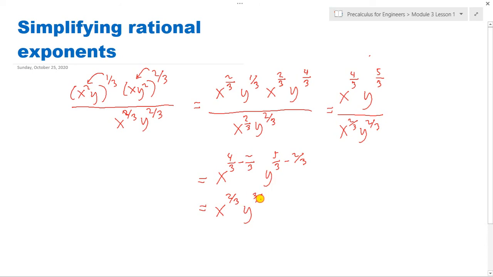So that's equal to x raised to 2/3 y. So ito lang pala yung final answer natin, or this is our simplified form eliminating the negative rational exponent. So x raised to 2/3 y raised to 1. Another example.